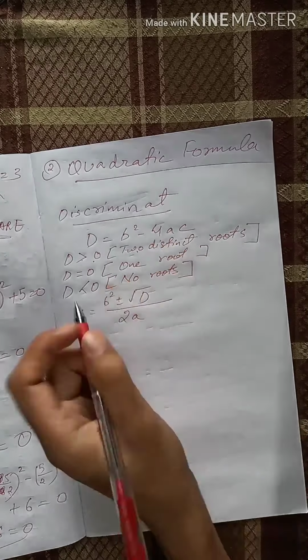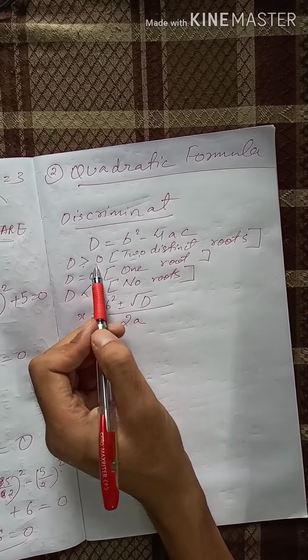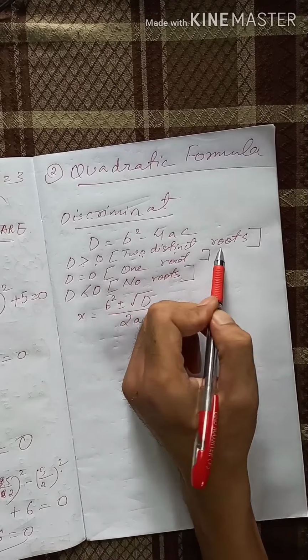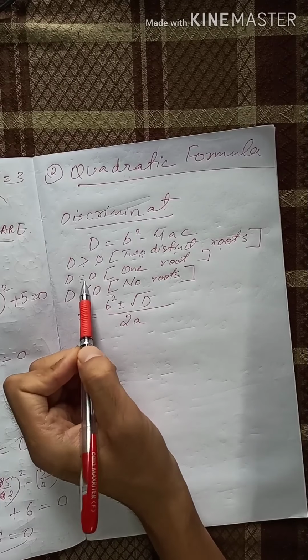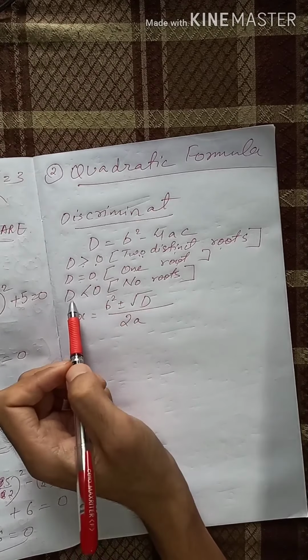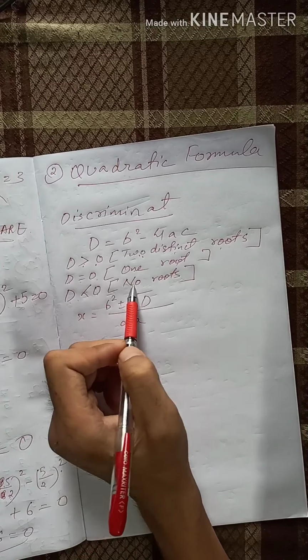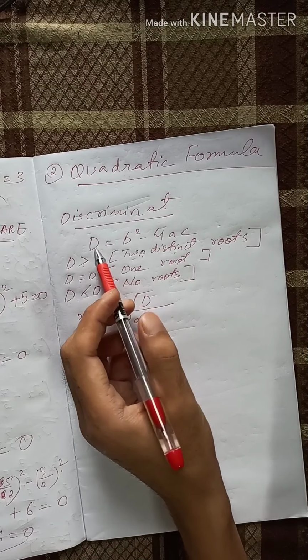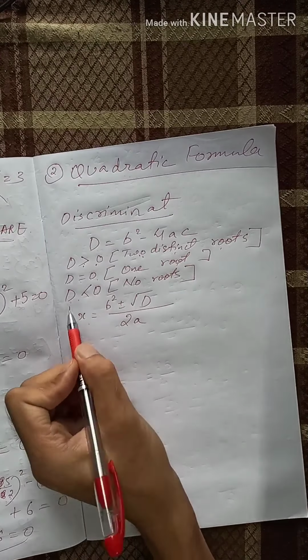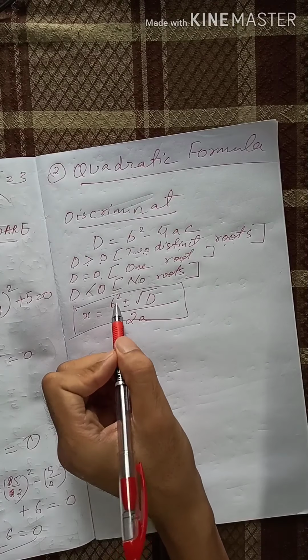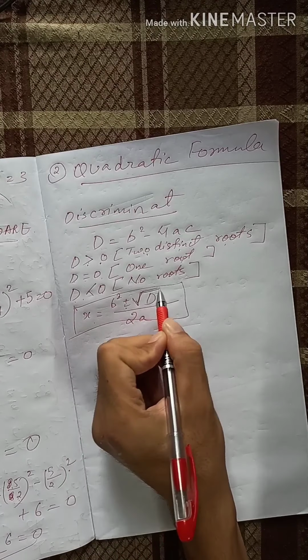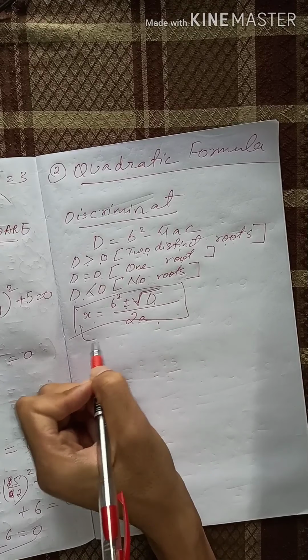Keep these things in mind. If discriminant is greater than 0, two distinct roots. If equals 0, one root. If less than 0, no roots. And after finding the discriminant, you apply this formula to find the roots: minus b plus minus square root of D by twice a.